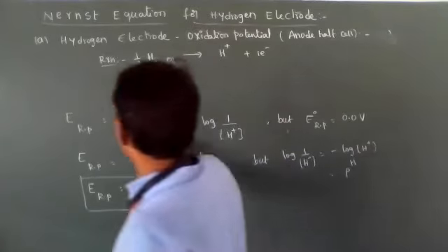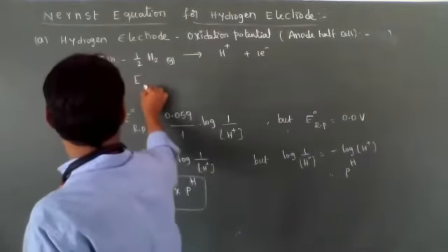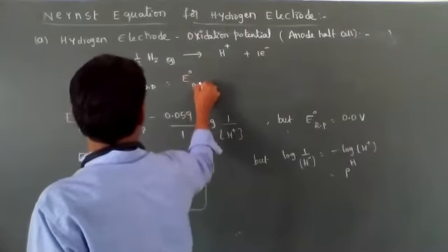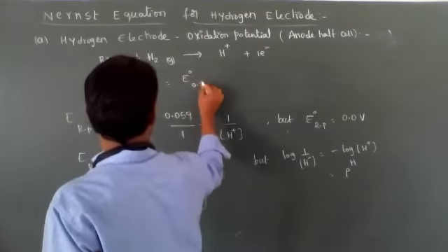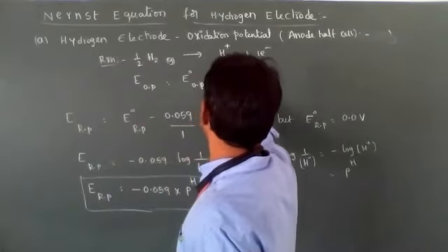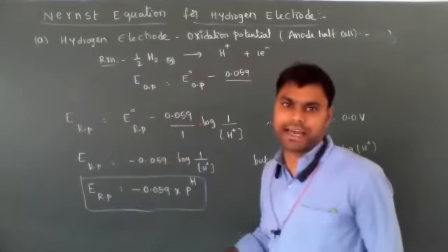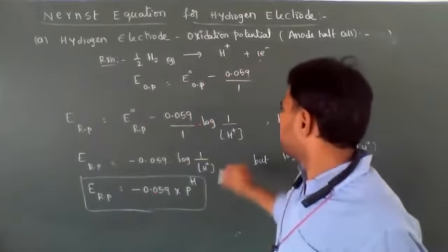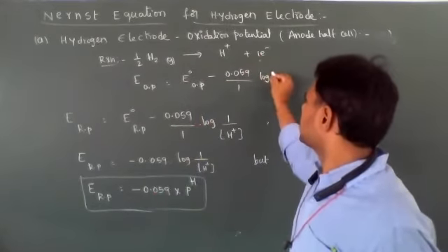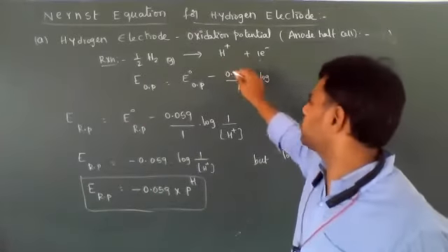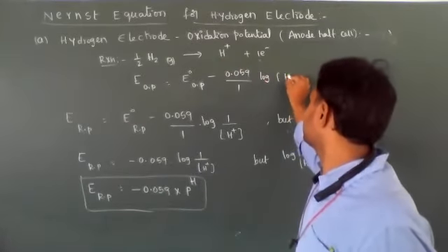Now in that case, E of oxidation potential is equal to E0 of oxidation potential minus 0.059 by n value. How many electrons are involved in this reaction? 1, into log concentration of products. What is present as product? H plus ions concentration is present.